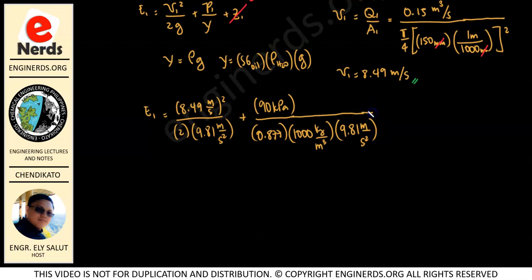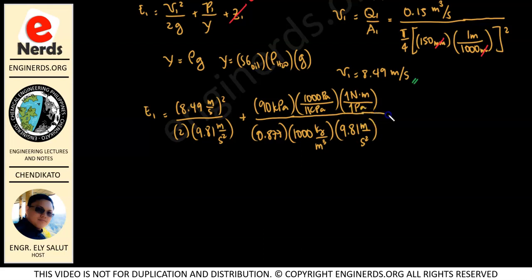Okay? So our dimension should be consistent, no? So we need to express this kilopascal in meters, seconds, and kilograms. So first we'll convert this to pascal. So we have 1 kilopascal is equal to 1,000 pascal. Then 1 pascal is equal to 1 Newton per square meter.